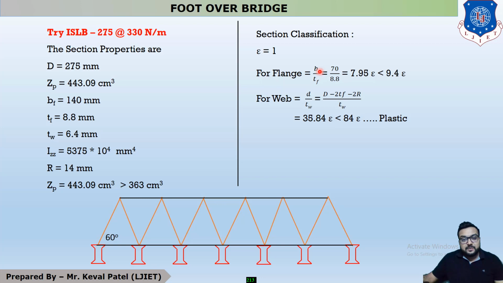The value of B is BF divided by 2, and it is clearly mentioned on page number 19, in figure number 1, that the value of B is BF by 2. After putting all these values, you will get the answer 7.95 epsilon, and this 7.95 epsilon is less than 9.4 epsilon, which is for class 1, plastic.